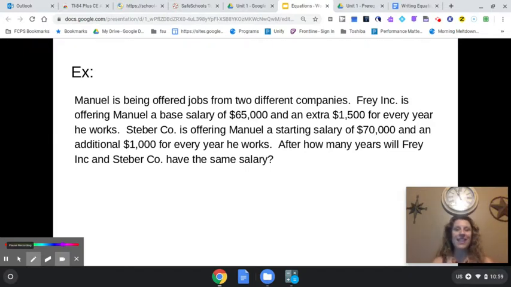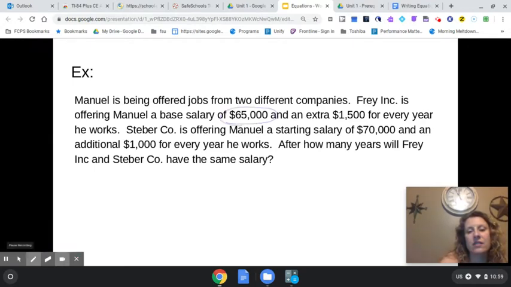All right, lots of important information going on. So let's first talk about Frey Incorporated. It says he's offering Manuel $65,000 as a base salary and an extra $1,500 for every year he works.